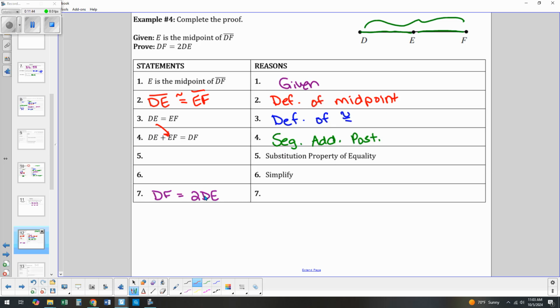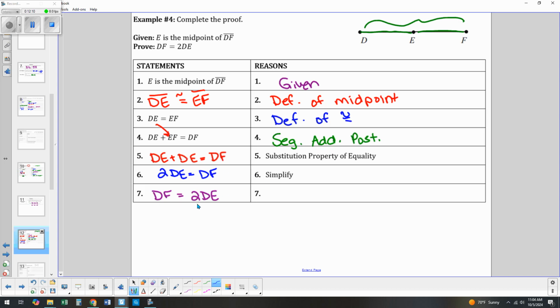If I look down at the very bottom, they have DE, so that's what I want to focus on. So I'm going to do DE plus DE equals DF. That's substitution. Simplify, we have like terms that we can combine. So DE plus DE is really 2DE. That's simplifying, combining like terms.